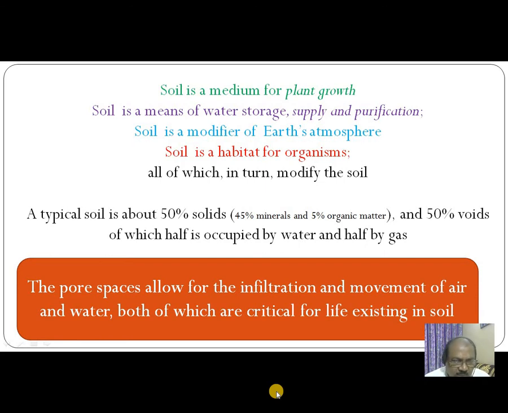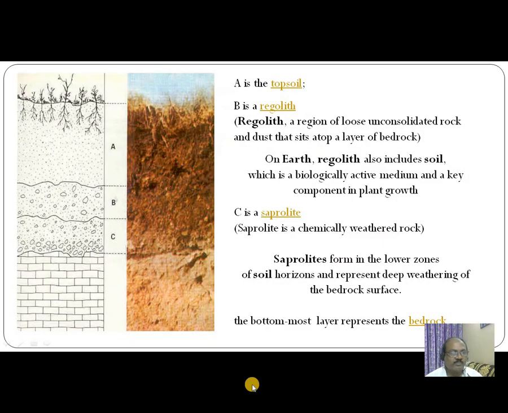The pore spaces present in the soil allow for the infiltration and movement of air and water, both of which are critical for life existing in soil. All these are functions of soil.